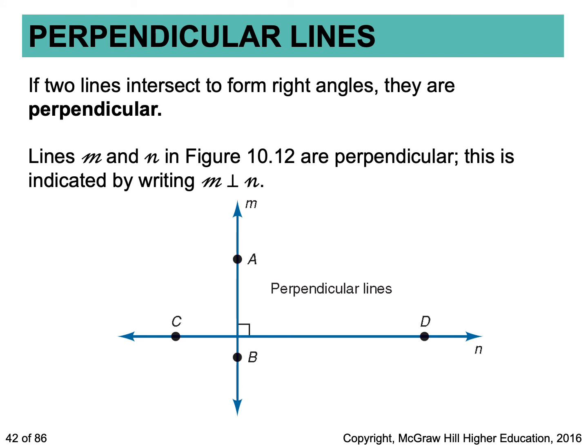And then here we have perpendicular lines. Not only do 2 lines intersect, but they intersect and form a right angle. And this is the notation for perpendicular lines.